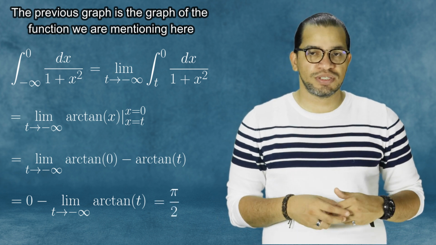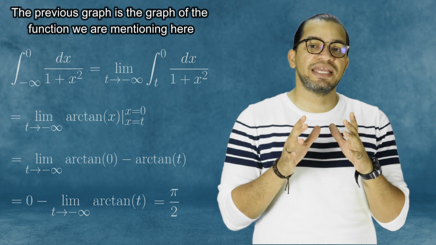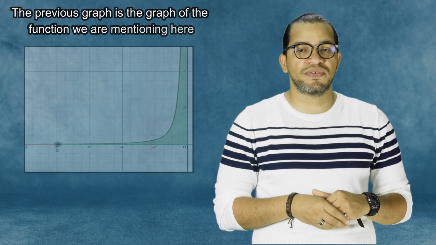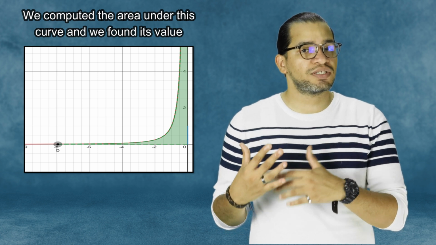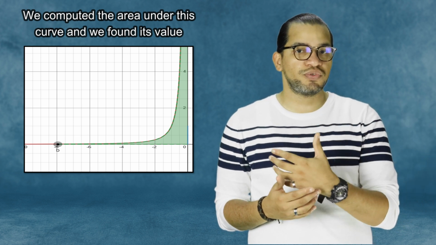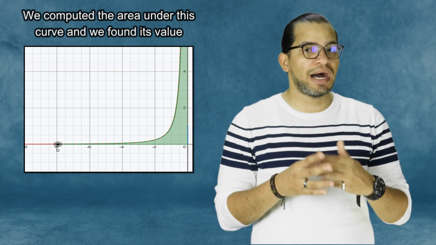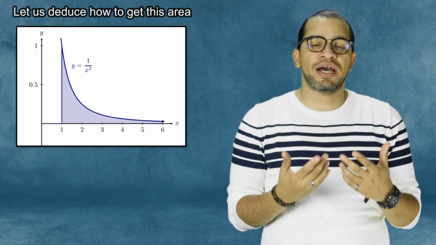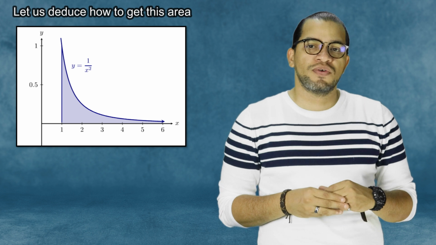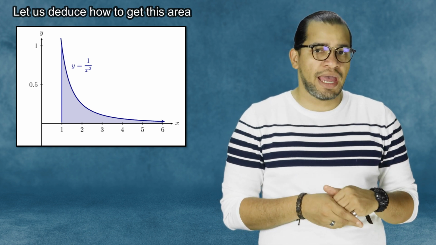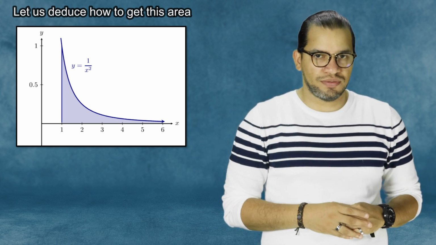And the interpretation that we need to take from this is that the area under the curve of the function f of x equal 1 over 1 plus x squared from minus infinity to 0 is equal to pi over 2. Now, let us consider another case in which we want to know the area under the curve of a function f in an interval from a finite value a to infinity.